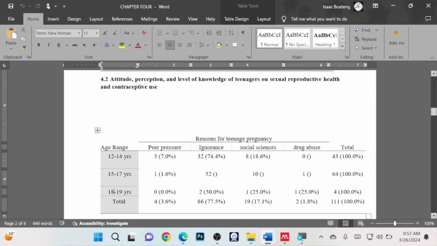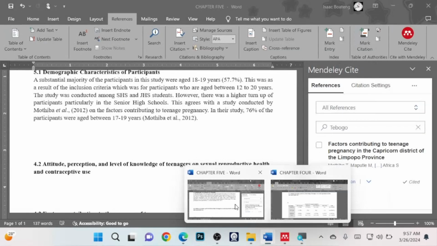Now for those that are aged 18 to 19 years, majority of them also responded the same over here. 50% also said it is ignorance. Now it means that most of them are saying that the reason why people enter into teenage pregnancy is as a result of ignorance. And I can quickly talk on this.